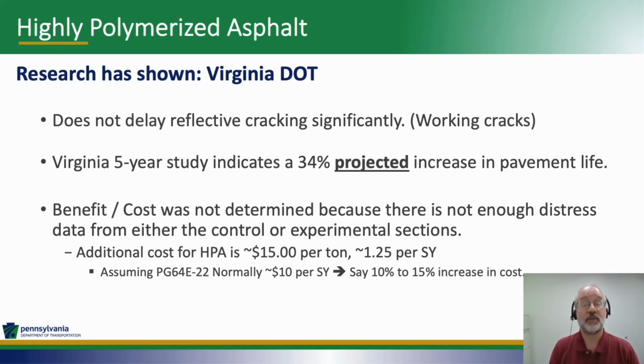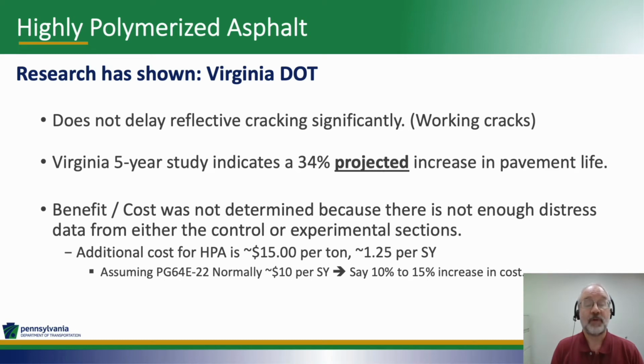The Virginia study was a 5-year study, and projecting from the data they got after 5 years, they said it indicated there was a 34% increase in pavement life. Now this is projecting out to approximately 20 years. So the projections that they use may converge, they may not, but that is a projected outcome.